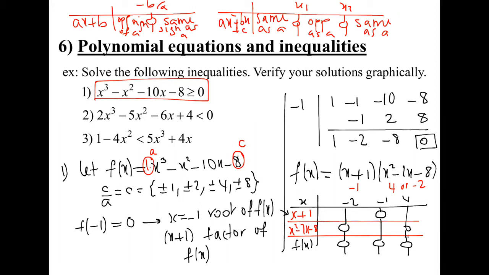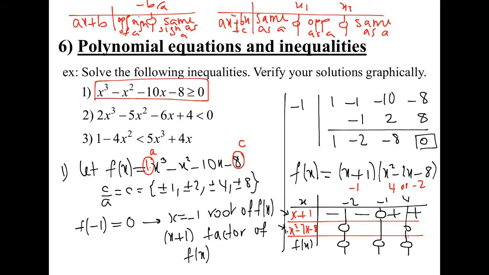So if we go back to our table of signs, for x plus 1, the coefficient of x is 1. It's positive. So all the columns before the root are opposites, which is negative. All of the columns after the root are positive, which is the same sign as a. Now, as for the quadratic factor, the coefficient of x squared is 1. It's positive.